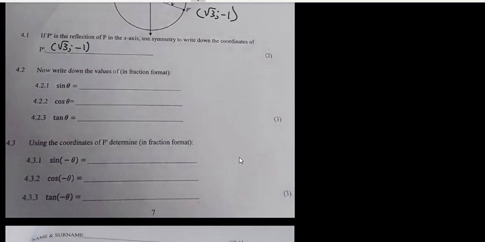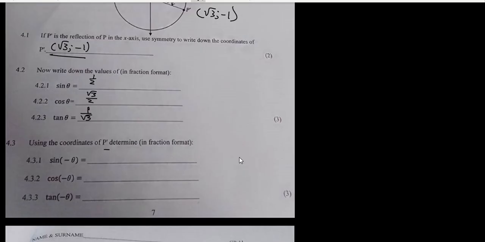So for this one, guys, you now know it's like this, and you know how we got that, right? And then now we're using this. Okay, so we want to know what is going to happen to that one.